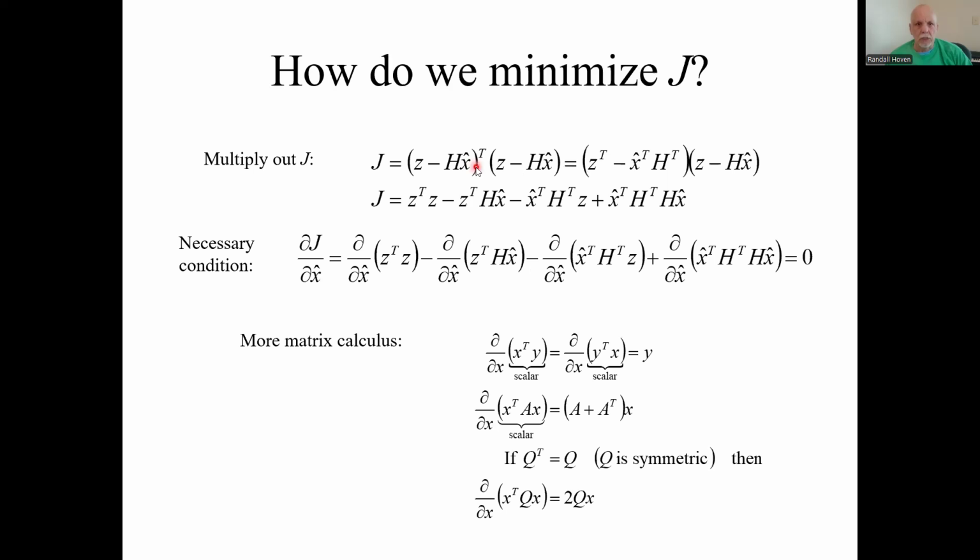First, I'll take this transpose. That'll be Z transpose minus, I've got to reverse this order, it'll be X hat transpose, H transpose. This stays the same. Now I can multiply this out like you did in high school. So it'll be Z transpose Z minus Z transpose times HX hat, minus this times Z. And remember, we have to maintain the order of that multiplication.